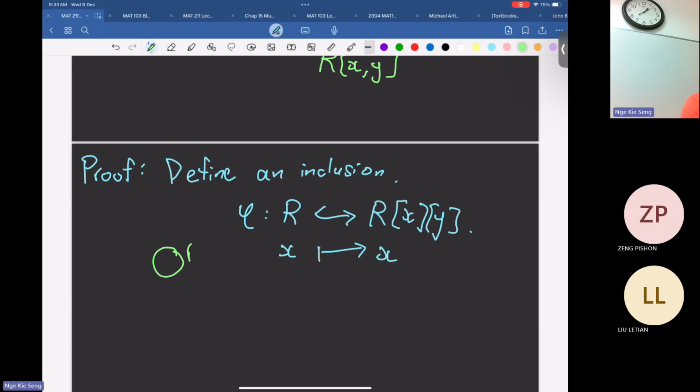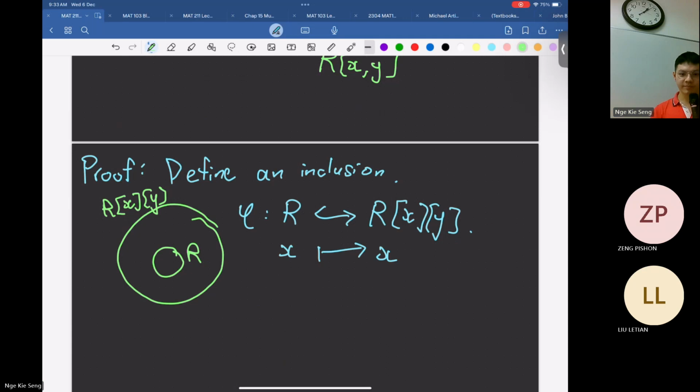You have a ring R, and then you include it into a bigger ring, call it R adjoin X. This is called inclusion. I draw this picture because in future you will see that for every commutative ring you can find a geometry to represent it. All the commutative rings are equivalent to some geometry.